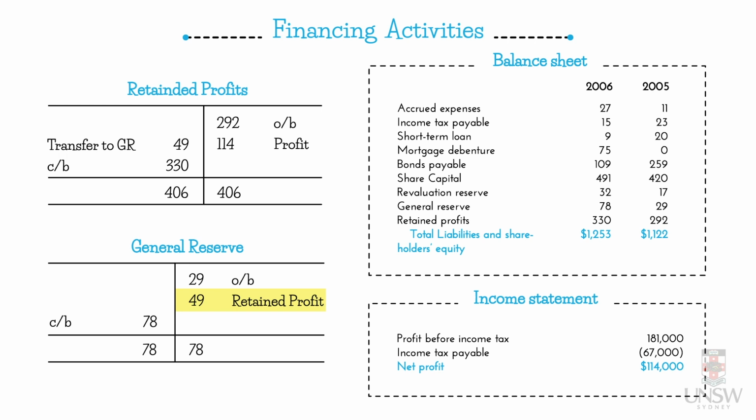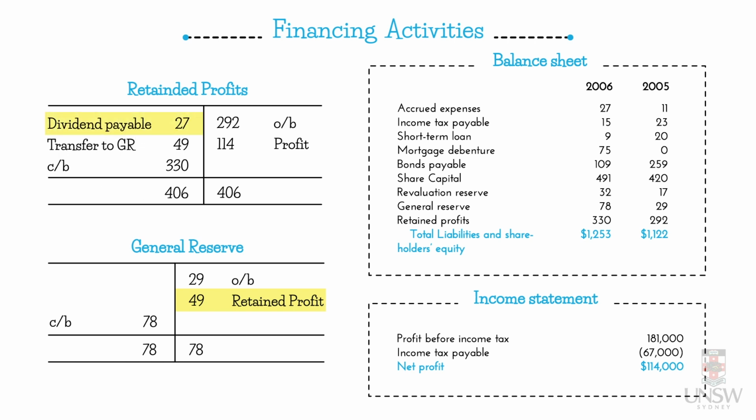We can put this in as 49, and now we can solve if there's been any dividends paid during the period. So we've got our credit side equal to 406 minus closing balance 330 minus transfer to general reserve 49. So yes, we've had a dividend paid during the period. So that dividend paid is 27.